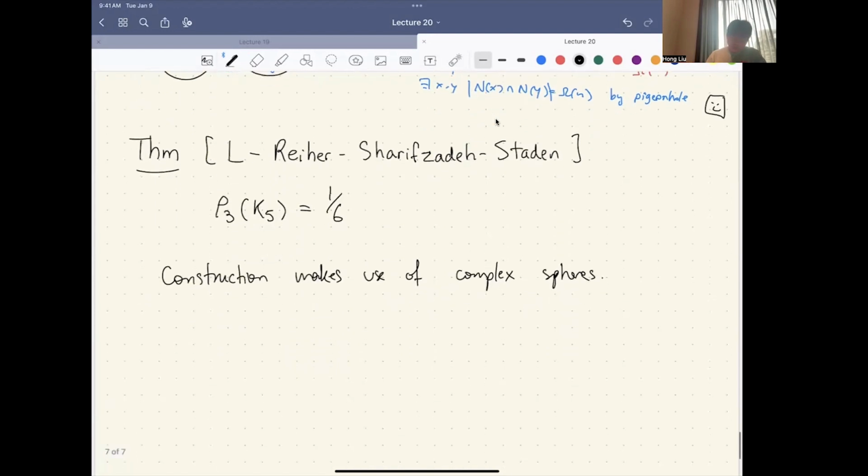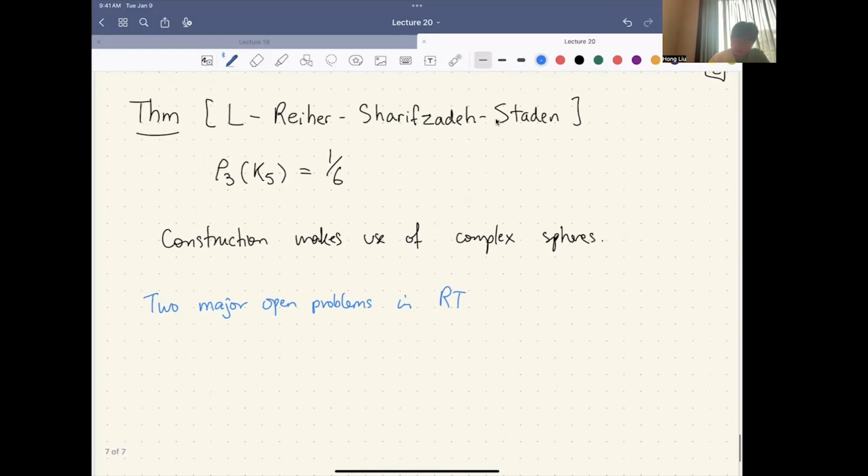Let me just briefly mention that in this Ramsey-Turán theory, there are two major open problems. One is this generalized Ramsey-Turán density for K_q, whether it's periodic, whatever that means.